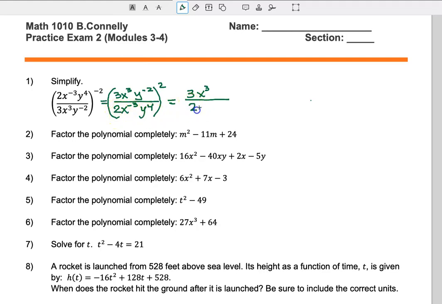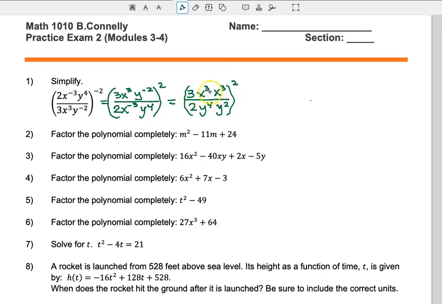So 2 and y to the 4th are going to stay where they're at. So I'm going to take that y to the negative 2, flip it downstairs, and it will be y to the 2nd now, right? Change that negative to a positive. And now I need to flip that x to the negative 3rd upstairs to be x to the 3rd. And then this is still all raised to the 2nd power.